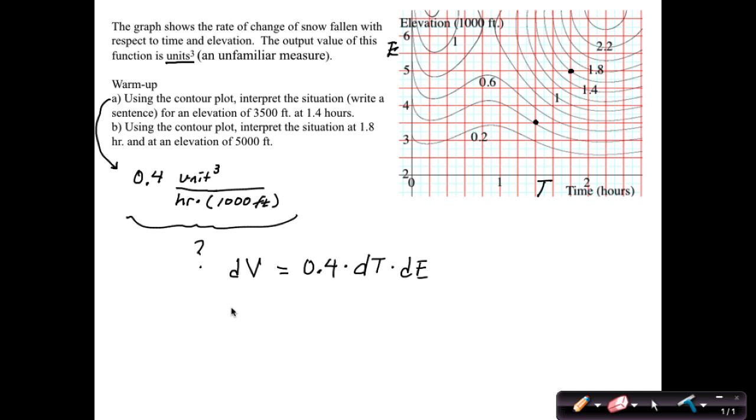In other words, changes in volume are the rate of change times the change in both independent variables. And those don't have to be the same, right? You don't have to have the same change in time and change in elevation.